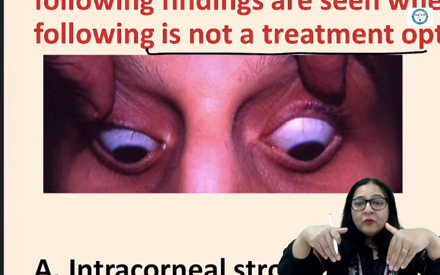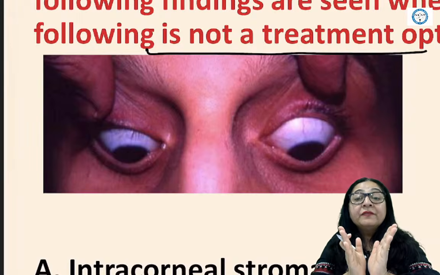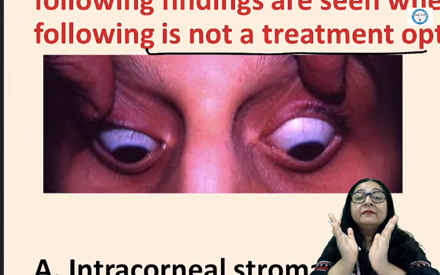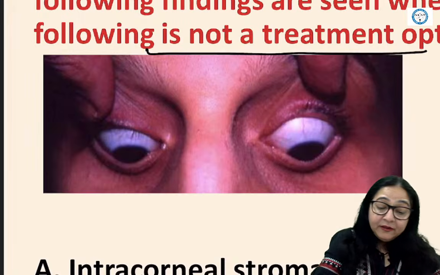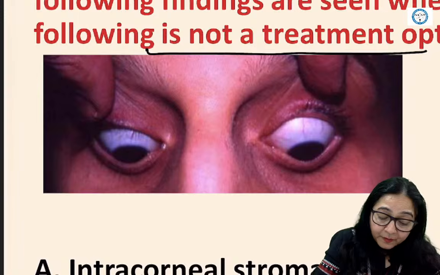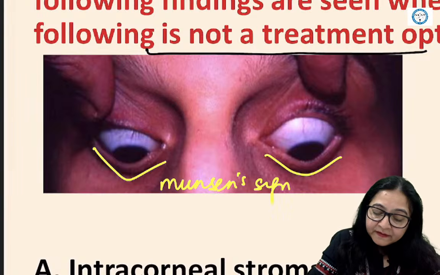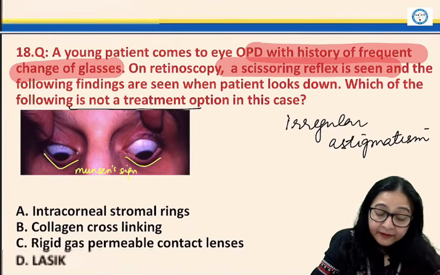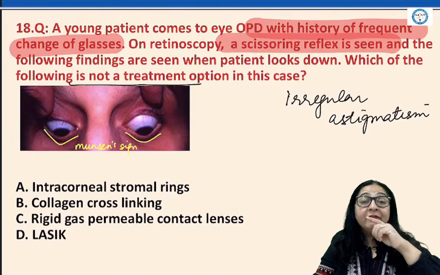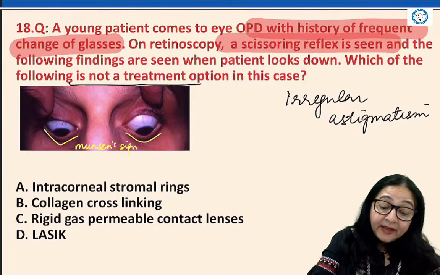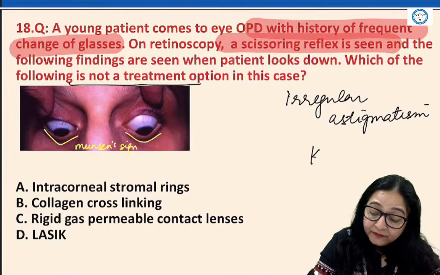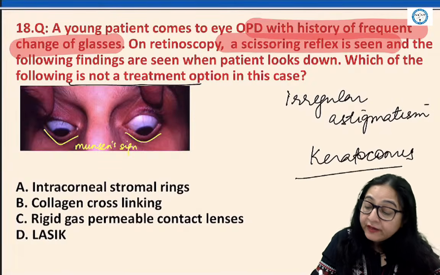When the patient is looking down, because of the conical cornea, there is a V sign in the eyelid. So this is your Munson sign. So diagnosis is clear to everyone. Irregular astigmatism, scissoring reflex, Munson sign. The diagnosis is keratoconus. So which of the following is not the treatment of keratoconus?